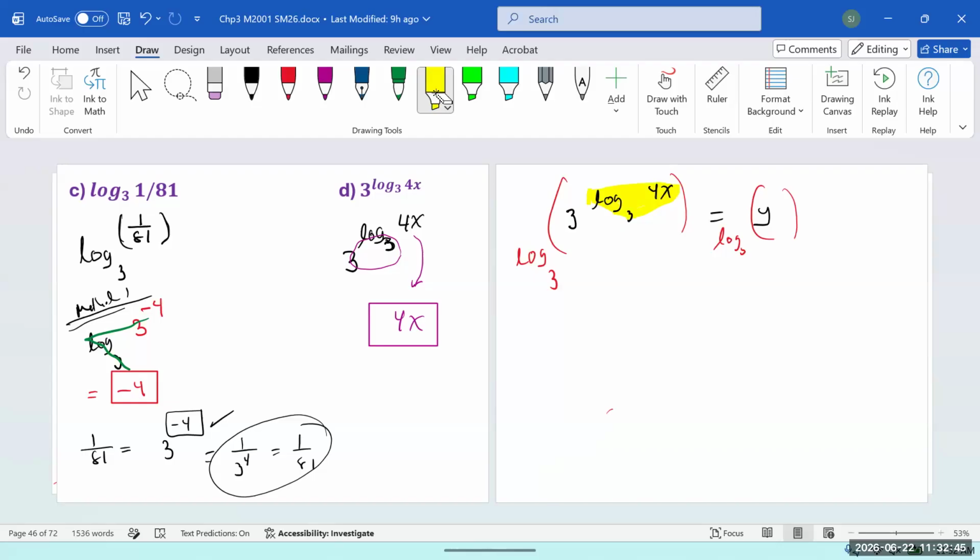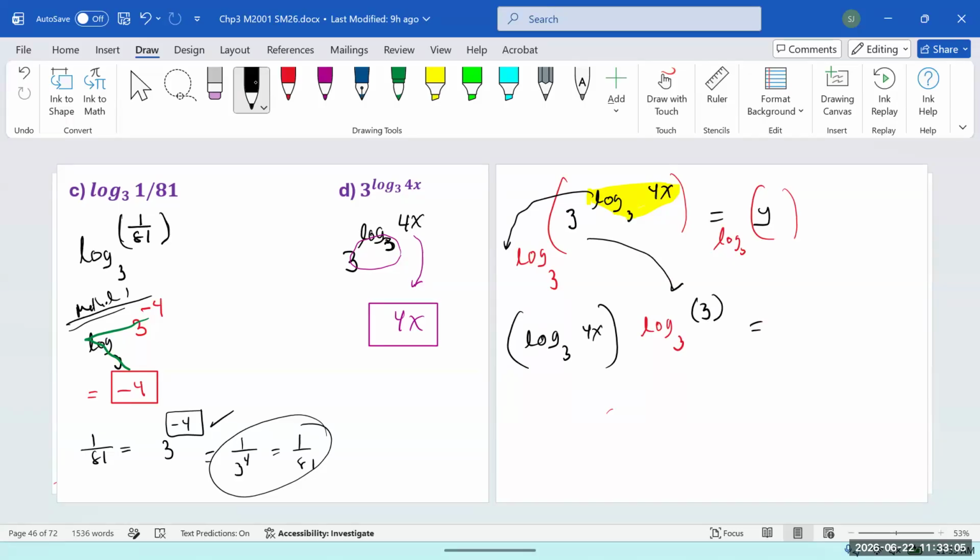That means it comes down as a coefficient. So log base 3 of 4x, as a power, comes down, and we are left with the log base 3 which we applied, of the 3 we have. On the other side, we have the same thing, log base 3 of y.